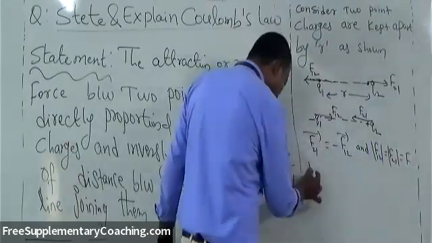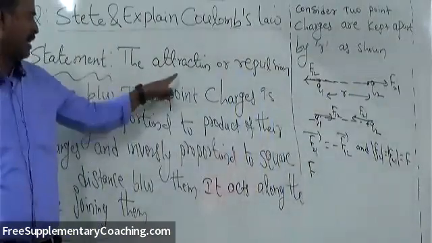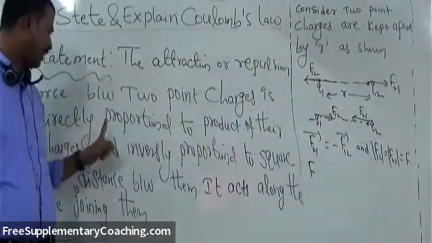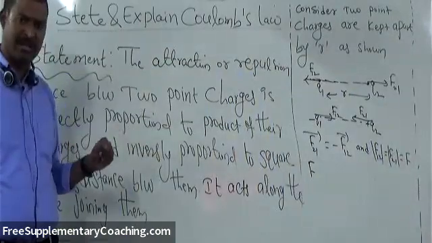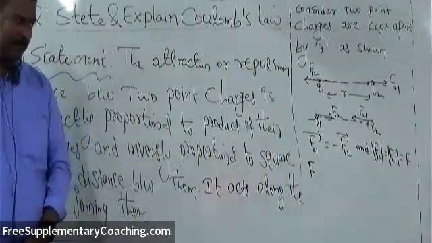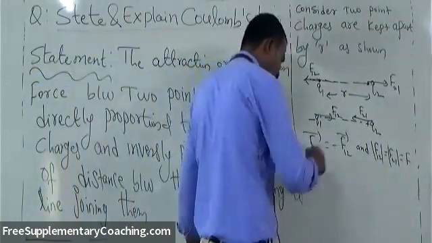Now coming to the statement of the law, the attraction or repulsion force between two point charges is directly proportional to the product of their charges, inversely proportional to the square of the distance between them. Correct?